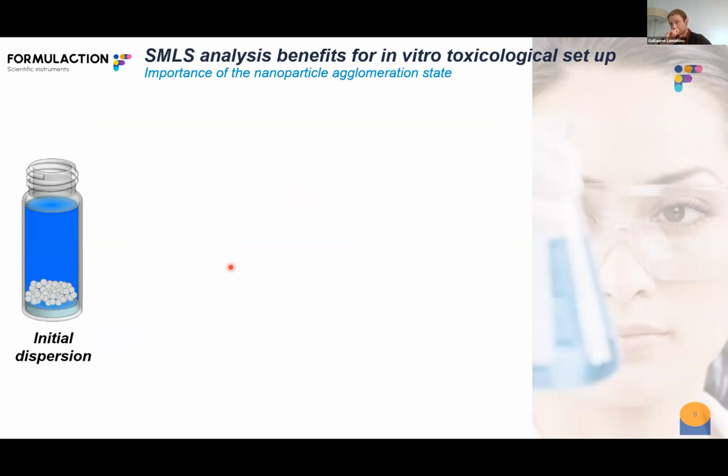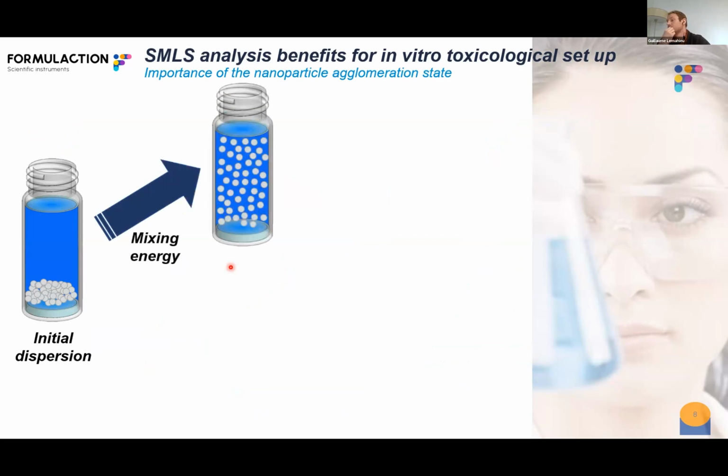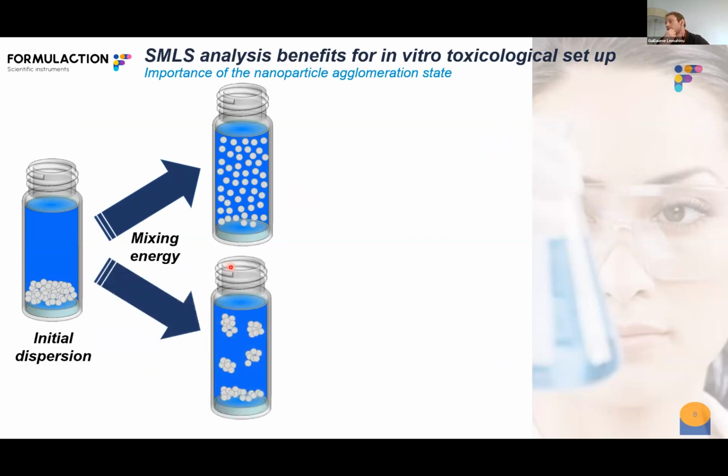On the importance of the agglomeration state: if you have your initial dispersion and you put in some mixing energy, you have the ability to well disperse your particles or not. Such particles can remain agglomerated.